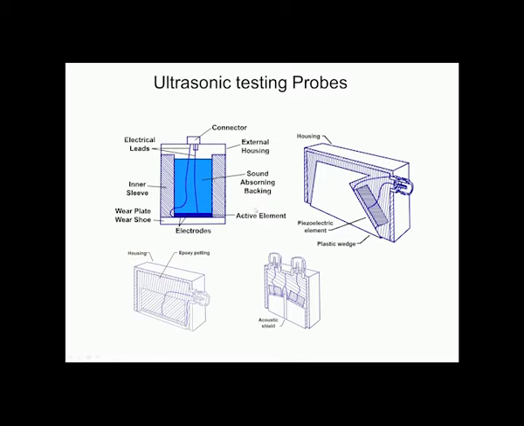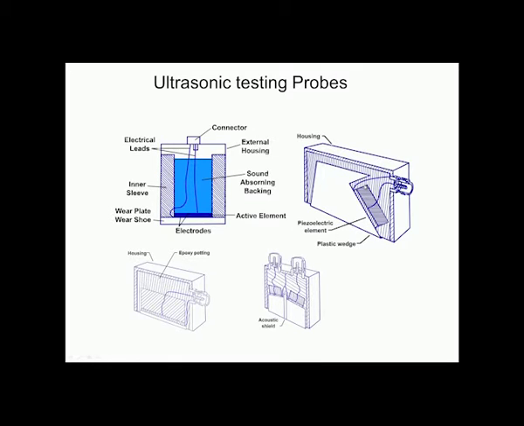And it comes in different kinds of shapes, like you could have this cylindrical shape, or you could have this rectangular shape, and so on. The other aspect is that it also comes at a particular angle.